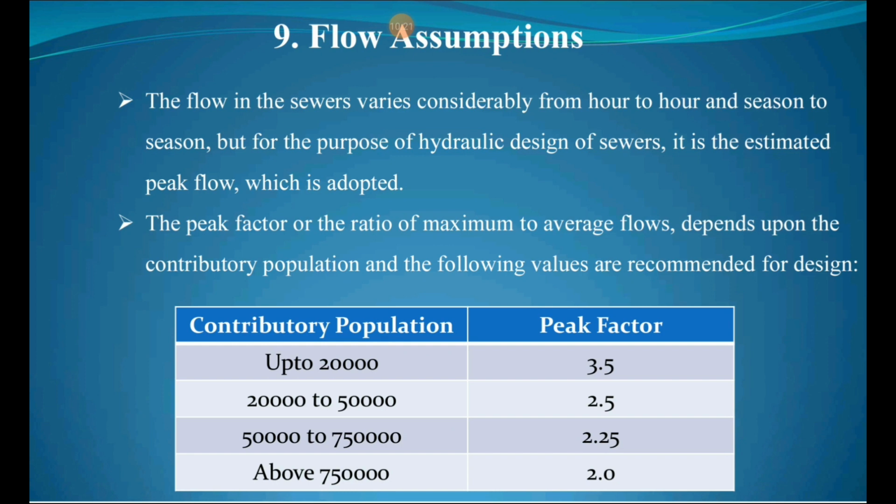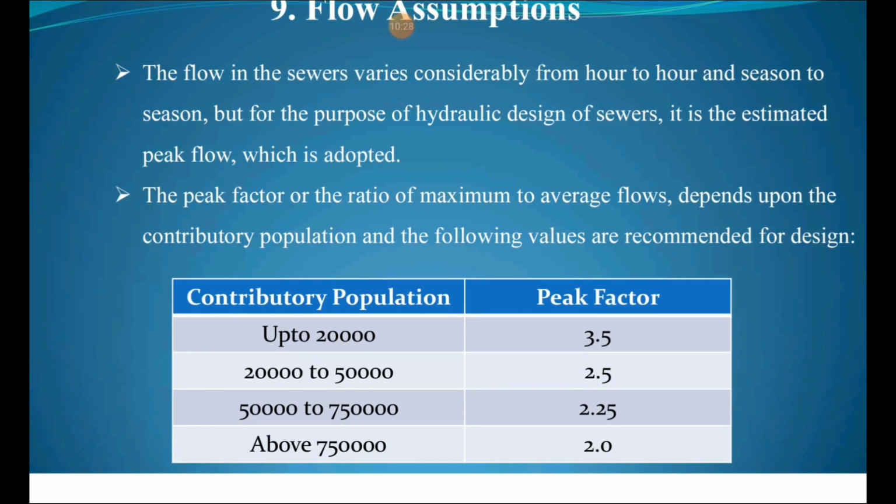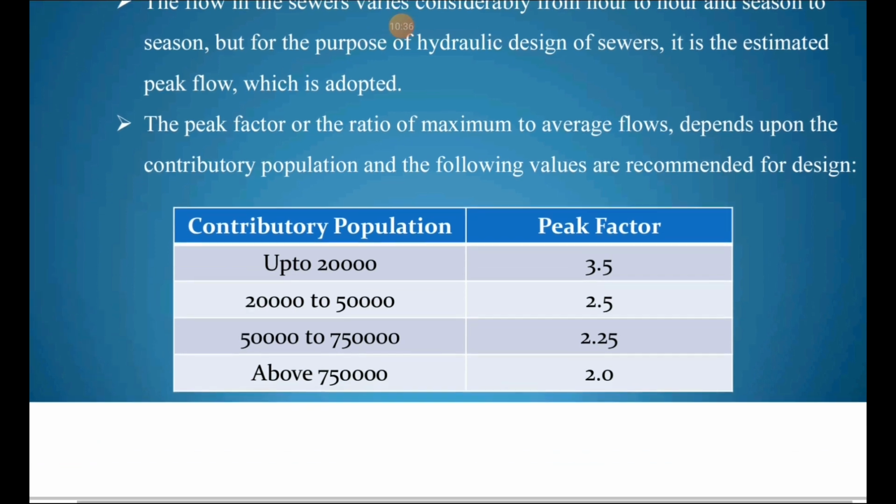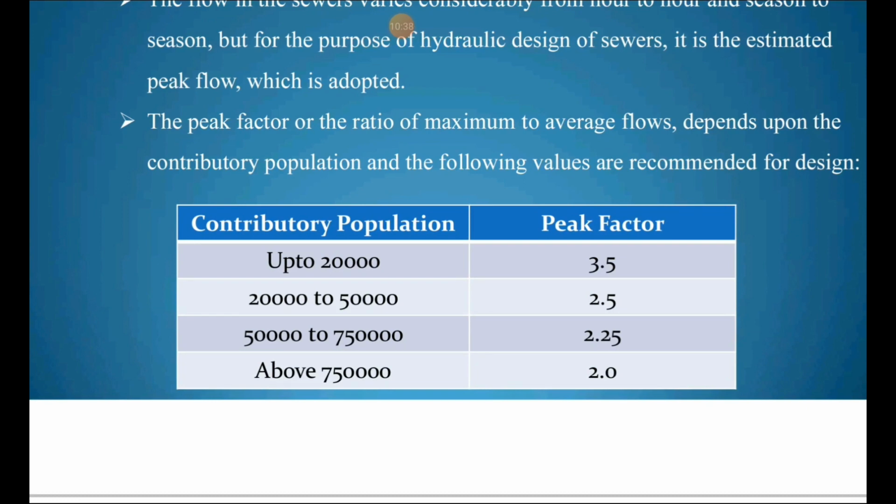Then flow assumptions, that is very important. The flow in the sewers varies considerably from hour to hour and season to season, but for the purpose of hydraulic design of the sewers, it is the estimated peak flow which is adopted. The peak factor, or the ratio of maximum to average flow, depends upon the contributory population, and the following values are recommended for design.